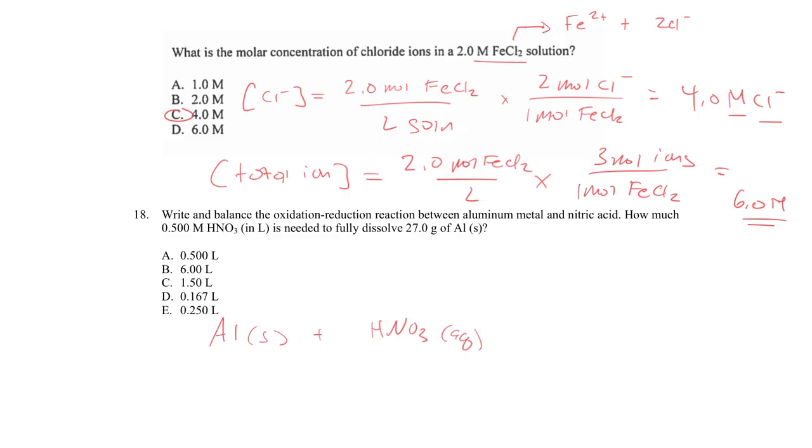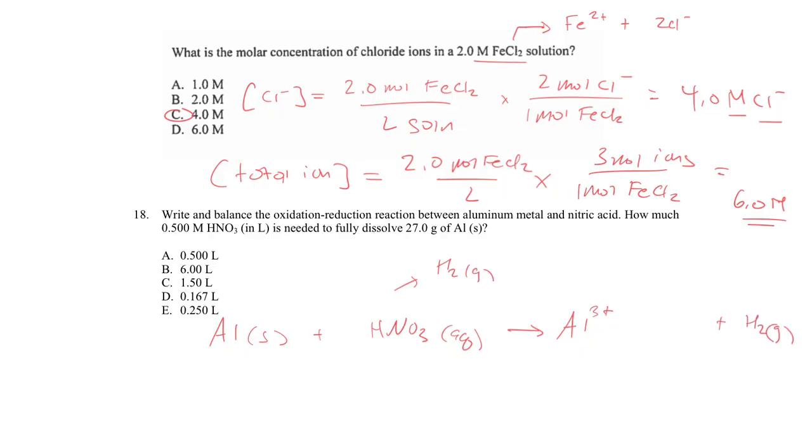Now we could use the activity series if we needed to, like the H+ links up to H2 gas, and then the aluminum links up to aluminum 3+, its common ion. So aluminum here, when it reacts, is going to form aluminum 3+, and then H is going to return to H2 gas. So we're going to form H2 gas.